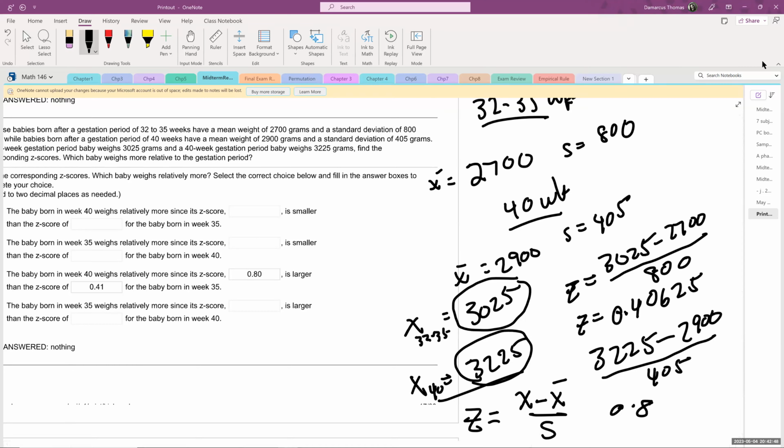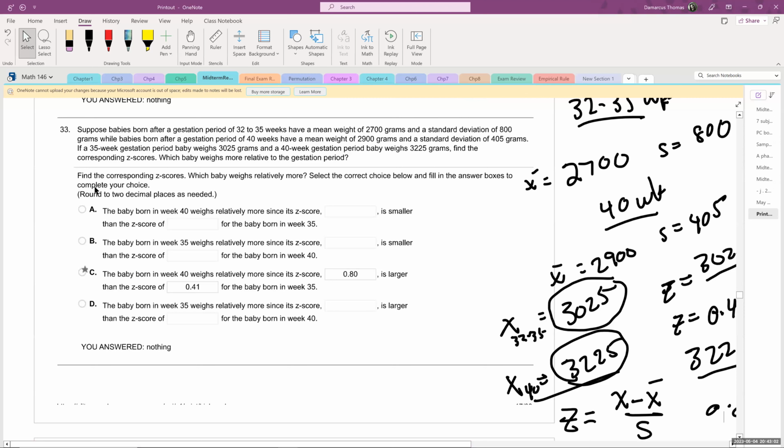So I could just stop. I don't think I need the exact value. I can answer the question based on what I've done. Find the corresponding z-scores. I was supposed to calculate the z-scores. Which baby weighs relatively more? Whichever one has the higher z-score is further away from the mean relative to its group that it's being compared to.